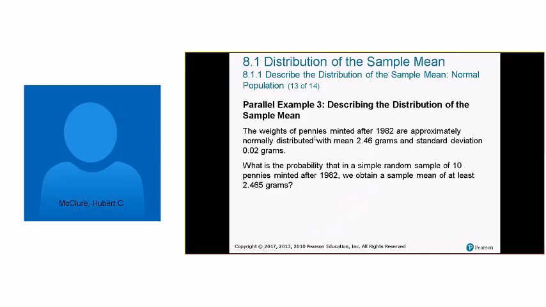Let's go back. The weights of pennies minted after 1982 are approximately normally distributed. Okay, this is a sample. Remember when I told you 6? Well, what is the probability that in a simple random sample of 10 pennies minted after 1982, we obtain a sample mean of at least 2.46 grams?